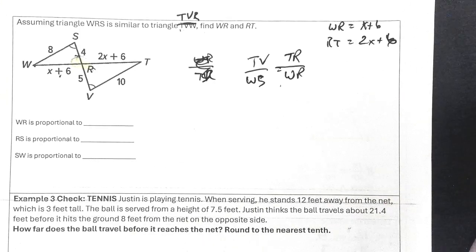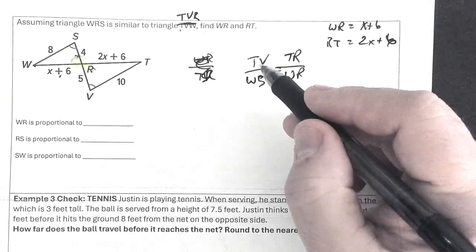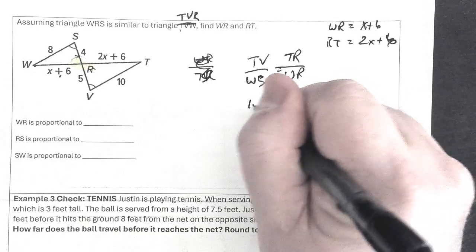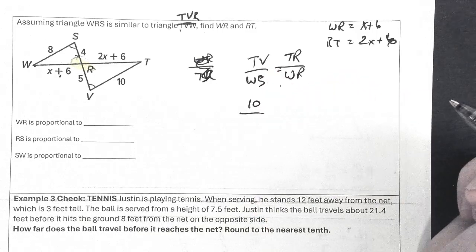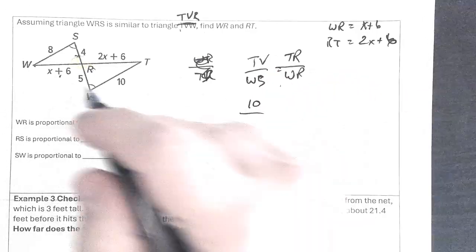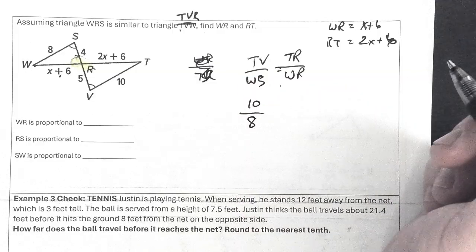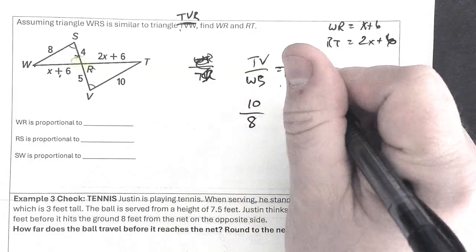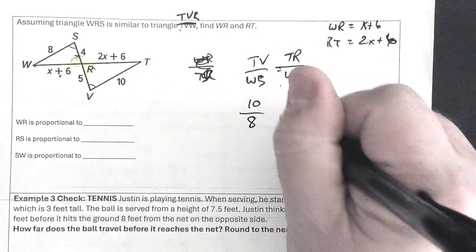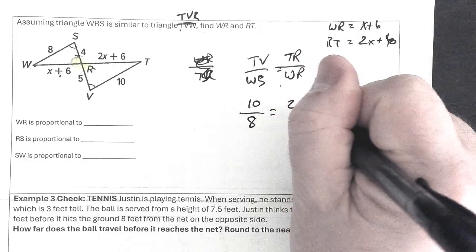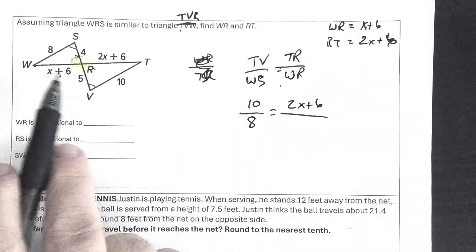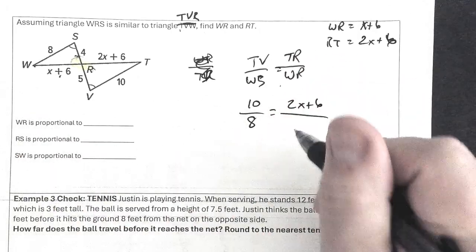Let's line up our stuff here. TV is 10, and WS is 8. TR is 2X plus 6, and WR is X plus 6.